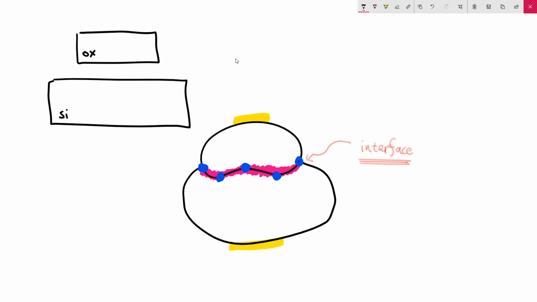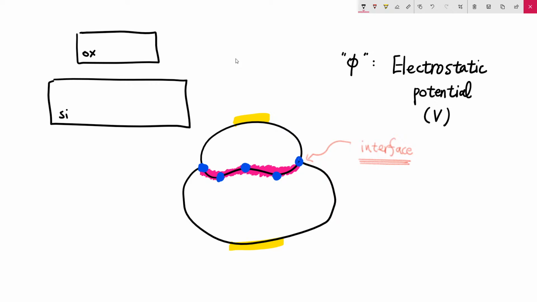Of course, they are attached to each other, but for our conceptual understanding, let's draw them separately. Right now we are working with just the phi function. Later we will call it the electrostatic potential, and you know it has the physical dimension of a volt, so you know it quite well.